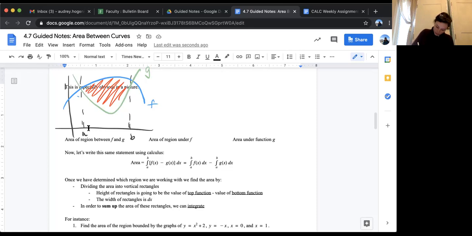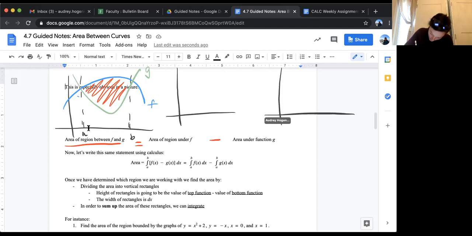And that is equal to, the area of the region between f and g is equal to the area of the region under f minus the area of the region under function g. And we're going to draw that again, right? So we have our axes, and we have our points A and B. And we are thinking about first the area under region F. So let's draw F and G on all of these again.